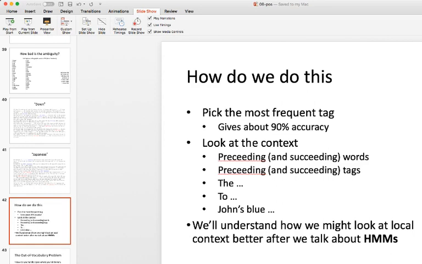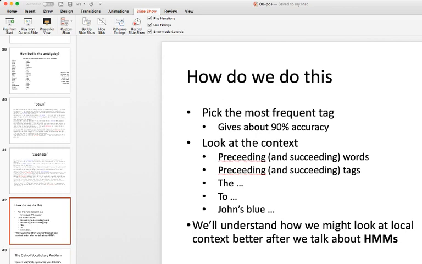Could be a verb, could be a noun, could be a determiner, could be an adjective. If I say John's blue, it's got to be a noun probably. Or a conjunction. John's blue and red sock.